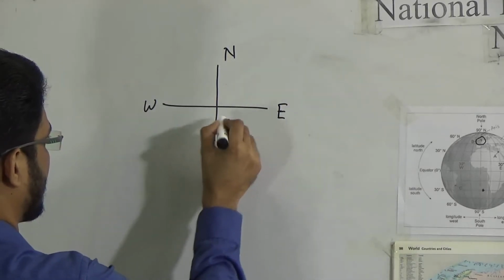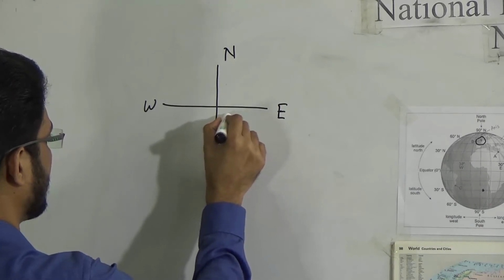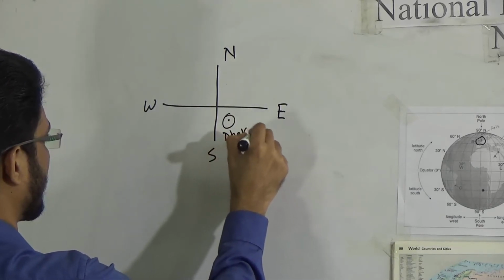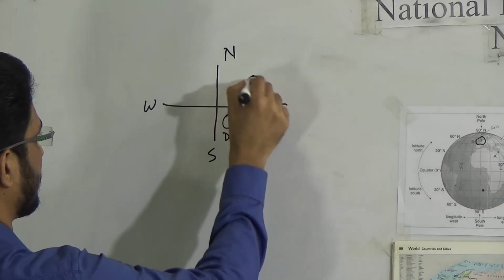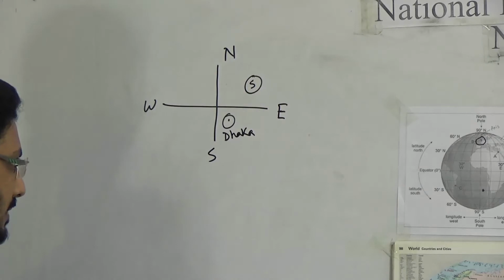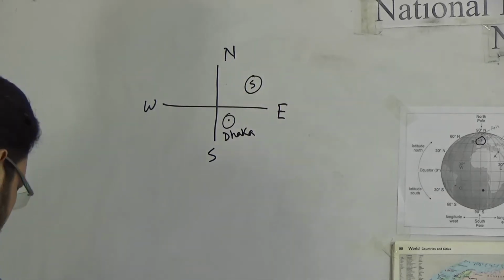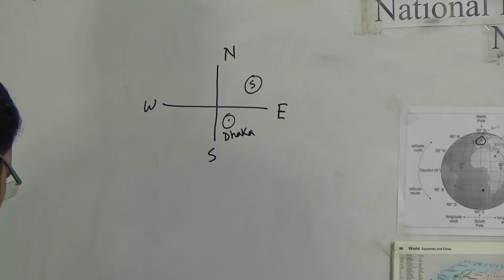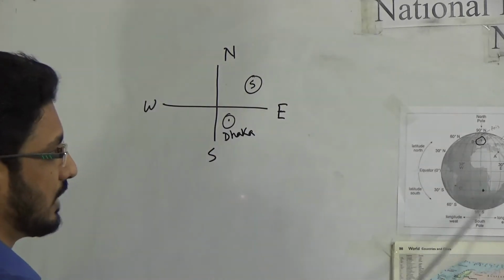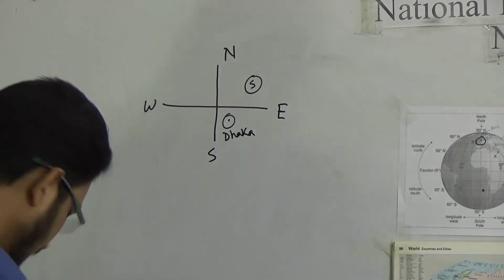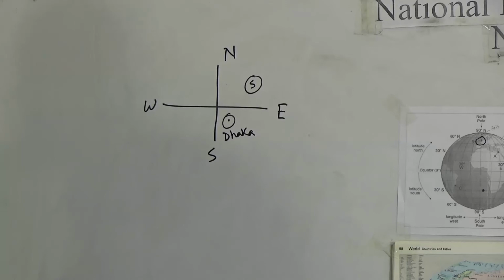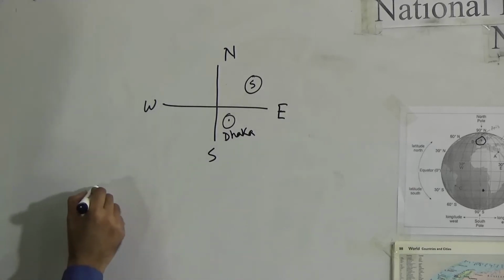Suppose here is Dhaka, and here is Seoul. So Seoul is east of Dhaka. Now it is said that 2 hours 32 minutes is the time difference between Dhaka and Seoul. So the meridian of Seoul will be more than that of Dhaka. We can solve it.